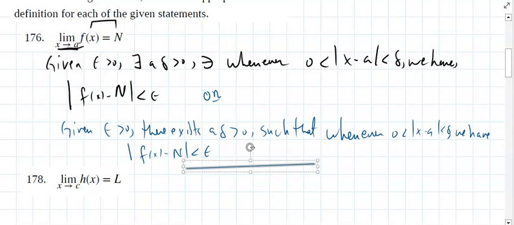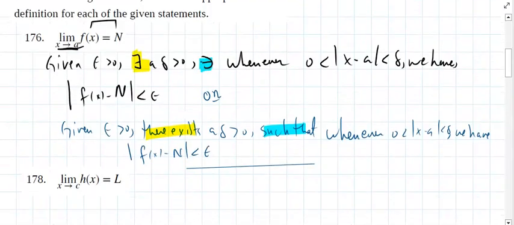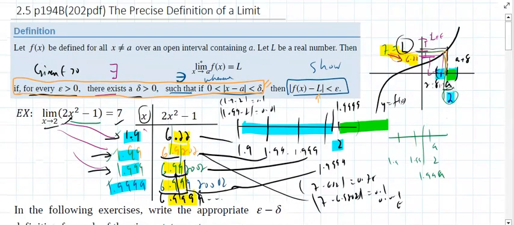So again, there exists, that's a symbol for it, such that. Did I leave anything out? There exists a delta bigger than 0 such that whenever, yeah, that's it.